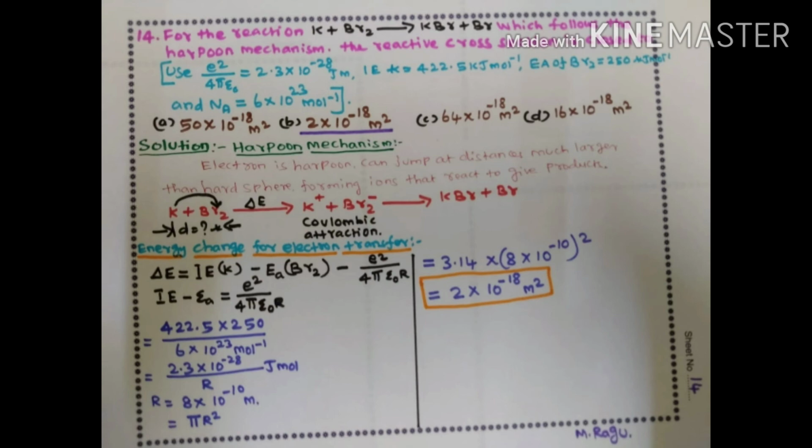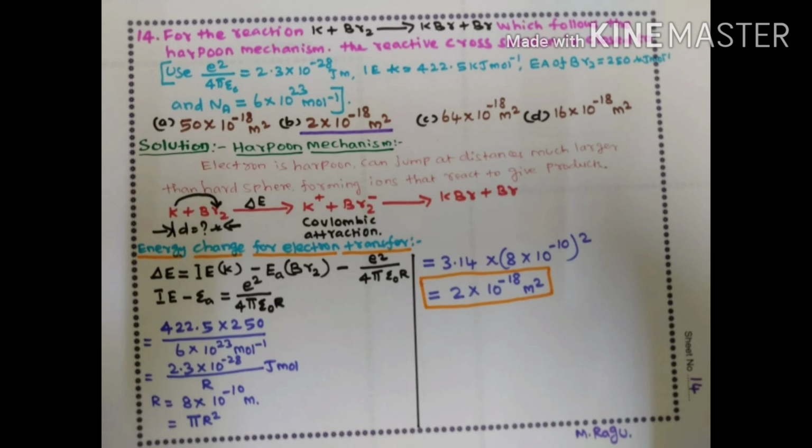In the harpoon mechanism, the electron can jump at a distance much larger than the collision sphere, forming ions that react to give the product. See this equation: K plus Br2 gives K plus and Br2 minus, positive and negative charges, which attract each other by Coulombic force, giving KBr plus Br.